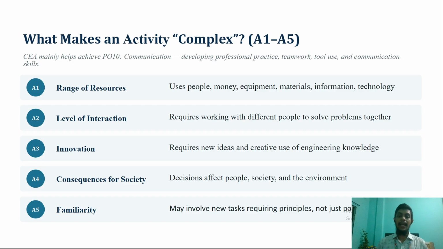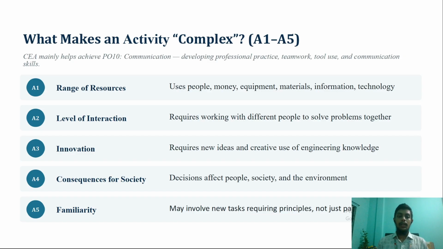What makes an activity complex? In complex engineering activity, there are A1 to A5. CEA, or complex engineering activity, mainly helps achieve PO10 communication, developing professional practice, teamwork, tool use, and communication skills.